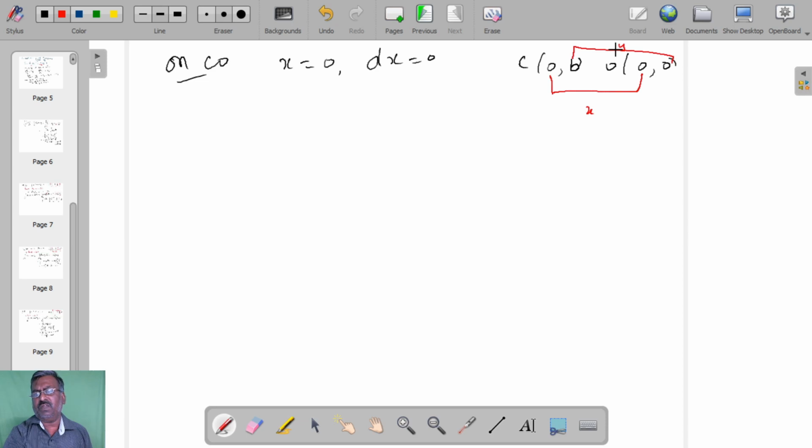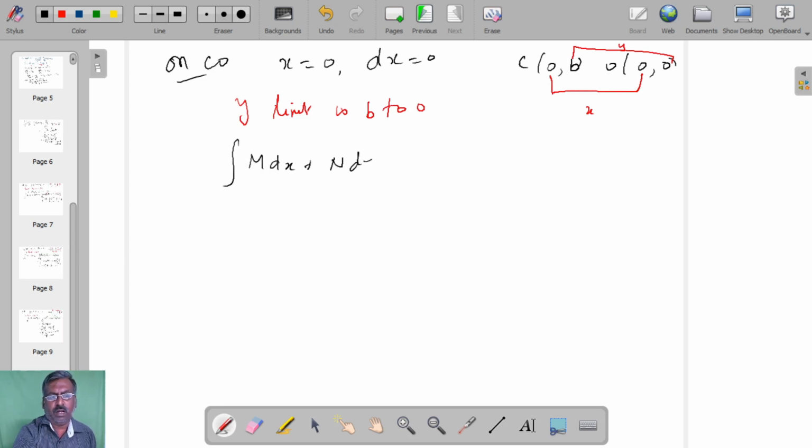So we are going to write only the y limit here, from C to B, so B to 0.